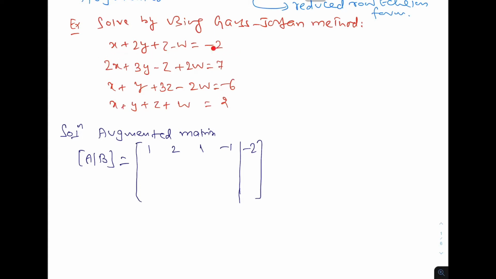Then 2 3 minus 1 2 and 7. Then 1 1 3 minus 2 minus 6. Then 1 1 1 1 and 2.